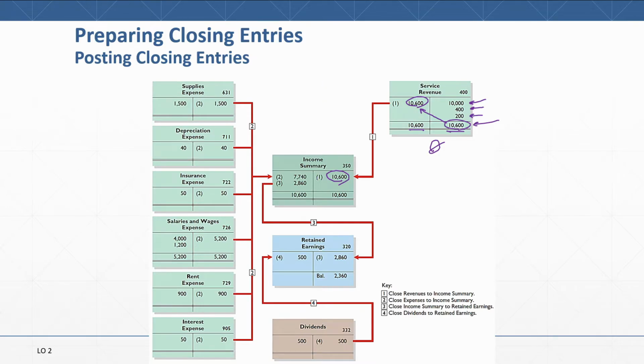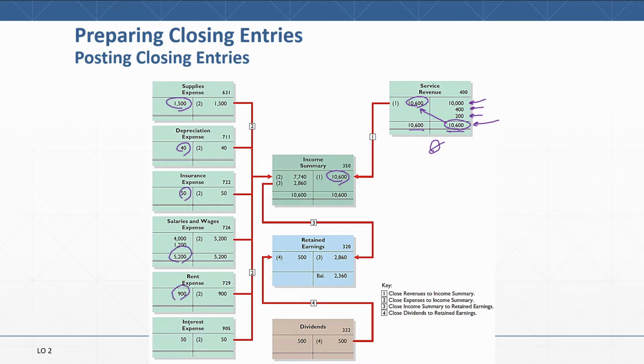Again, in a second, I will show you the journal entry to do so. But let's also finish the process for the other accounts, and then we will see the journal entries. To close expenses, we had $1,500 supplies expense, we had $40 depreciation expense, and so on and so forth.